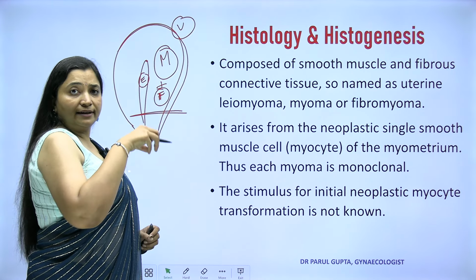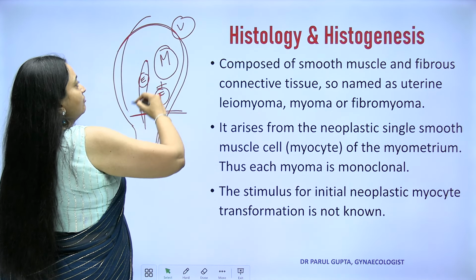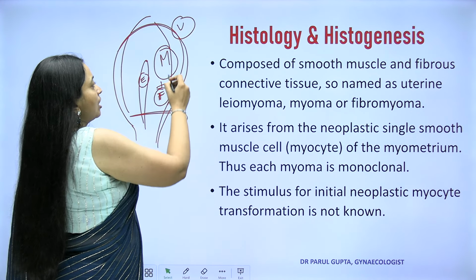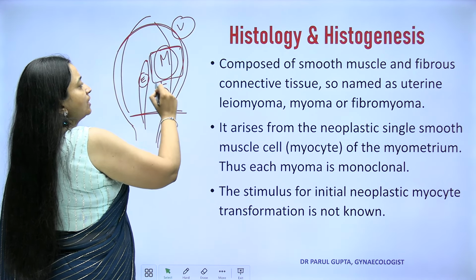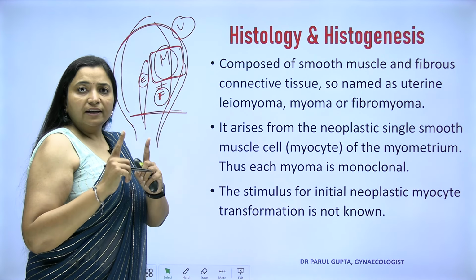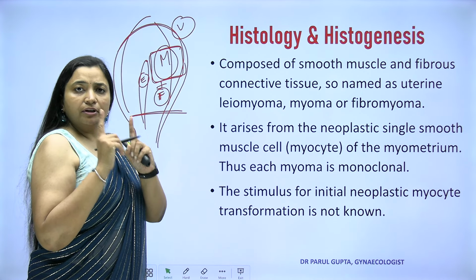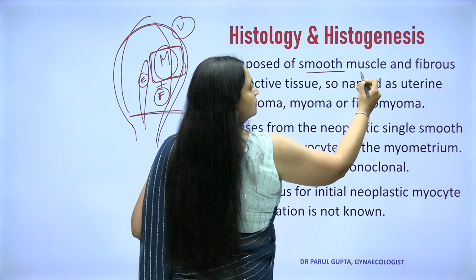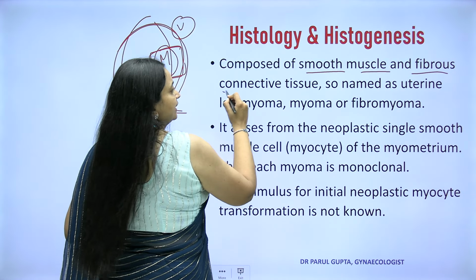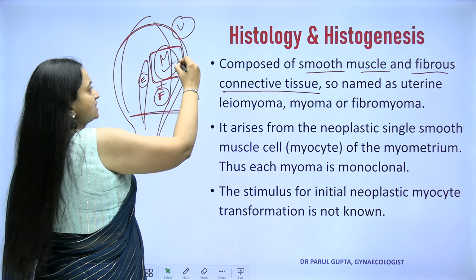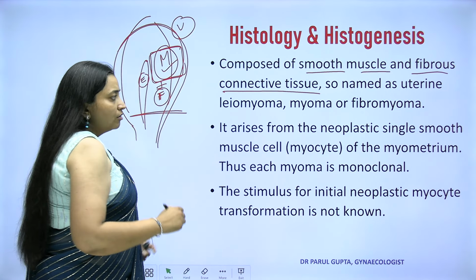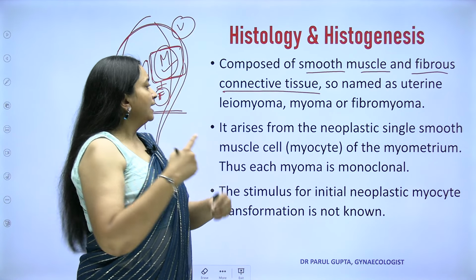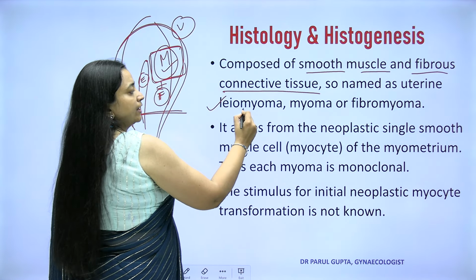It does not lie inside the peritoneum because the peritoneal covering is from the anterior to the posterior side of the uterus. Now we are mainly talking about the myometrium layer, that is the middle and the thickest layer of the uterus. I hope I am making myself clear. It is composed of smooth muscle and fibrous connective tissue. When this smooth muscle and fibrous connective tissue grows, it forms a round tumor, and that is called a leiomyoma.